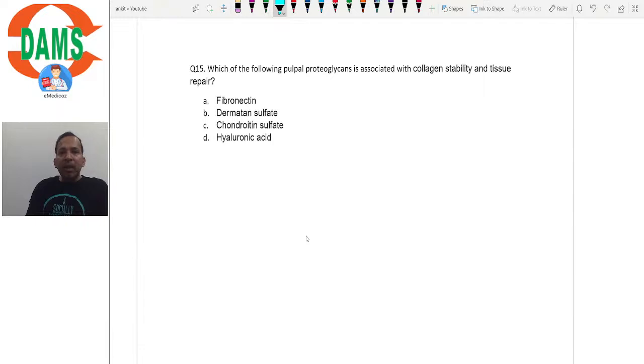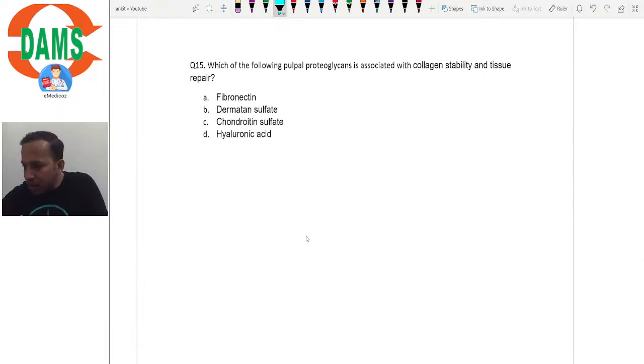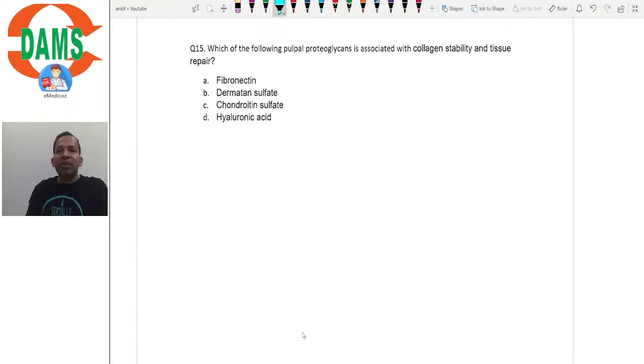So which of the following pulpal proteoglycans is associated with collagen stability and tissue repair? Collagen stability and tissue repair. Options are fibronectin, dermatan sulfate, chondroitin sulfate, and hyaluronic acid.